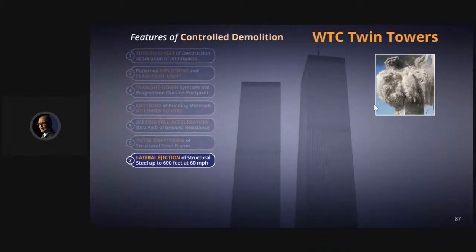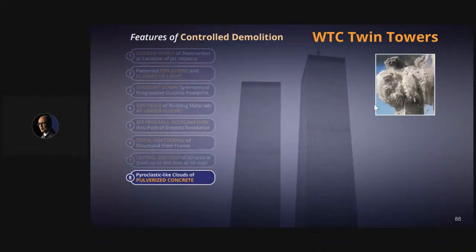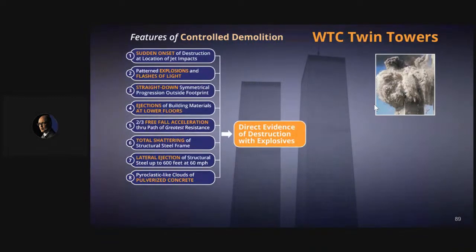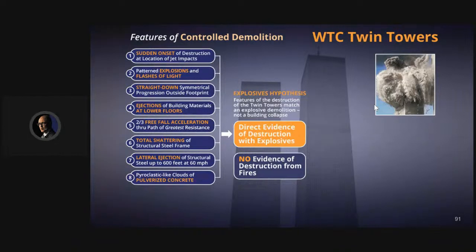And blast pressure wave effects ejecting lateral expulsion of 4 and 8 ton units up to 600 feet away at 60 to 80 miles an hour. And pyroclastic-like clouds of pulverized concrete we talked about. All this was direct evidence of destruction with explosives. Fire doesn't create these features, any of them, let alone all of them.